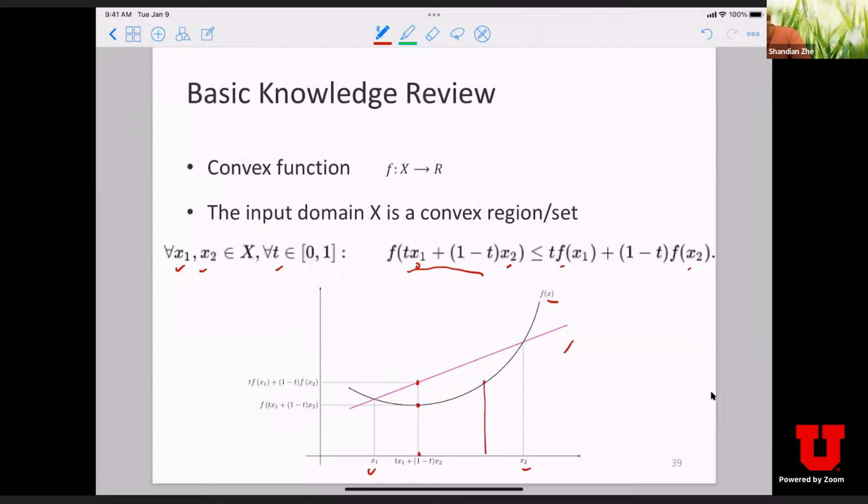Like here, this is the function value at t x1 plus (1 minus t) x2. But the combination of function values at x1, x2 is here, so it's still above. Any question regarding the definition? I assume everyone feels it's straightforward, right?